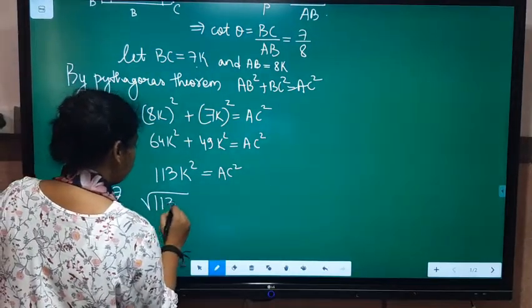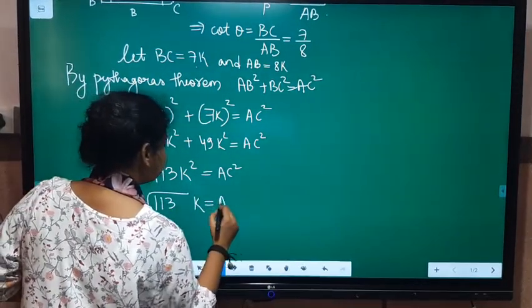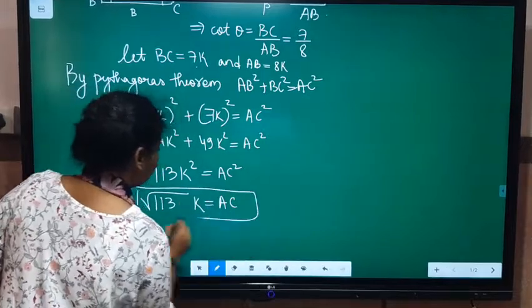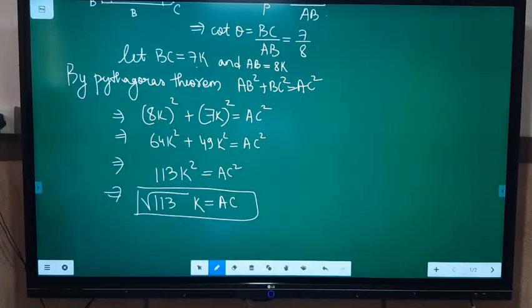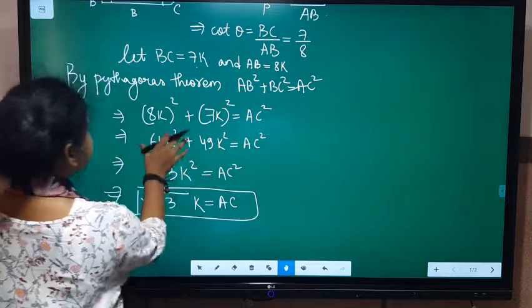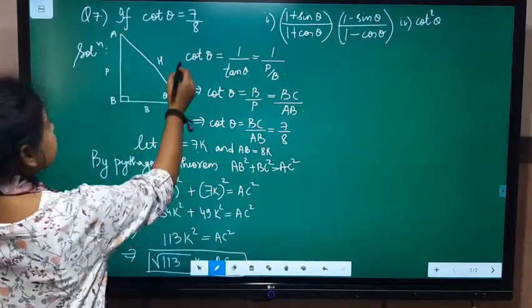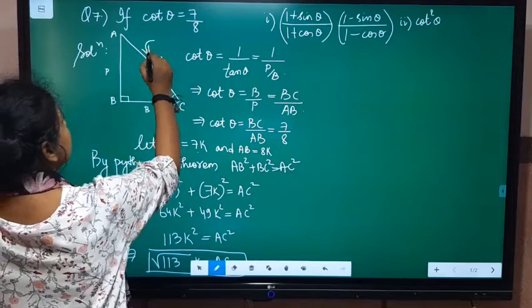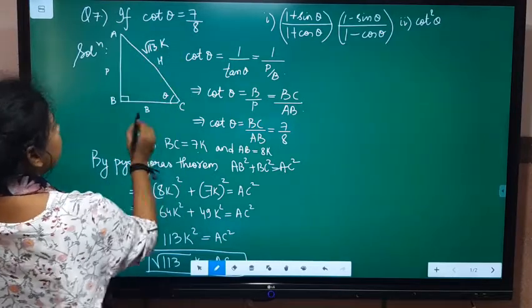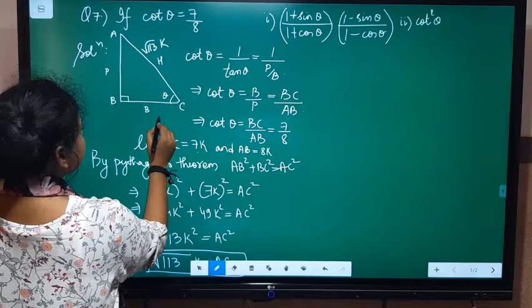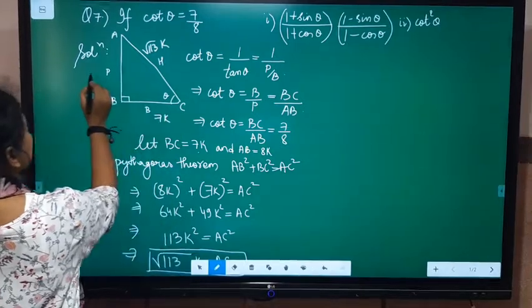We can take the square root, so this comes out to be under root 113 K equals AC. Again, now see, in this triangle AC, this side we got as under root 113 K. This base BC was what? 7K. And this was 8K.